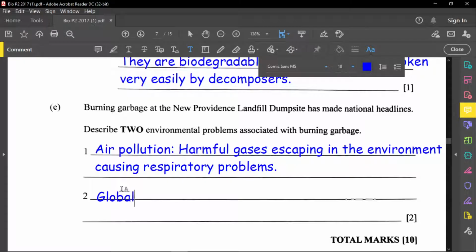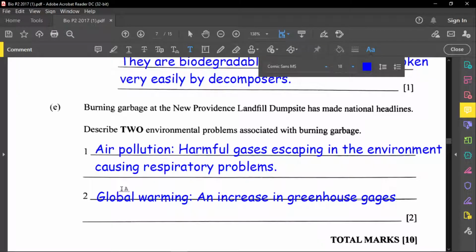Okay. And you have global warming, and the burning will contribute to this, because the burning on the dump site will increase, let me just write this real quick, an increase in greenhouse gases.